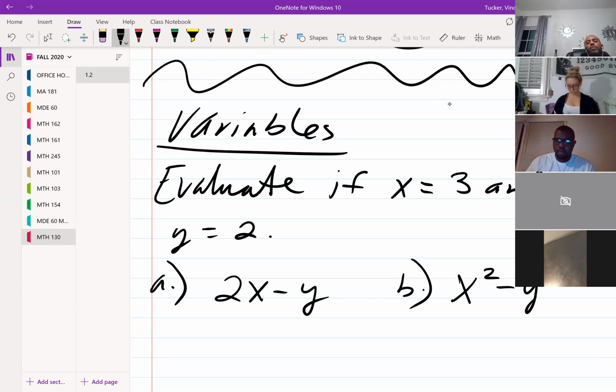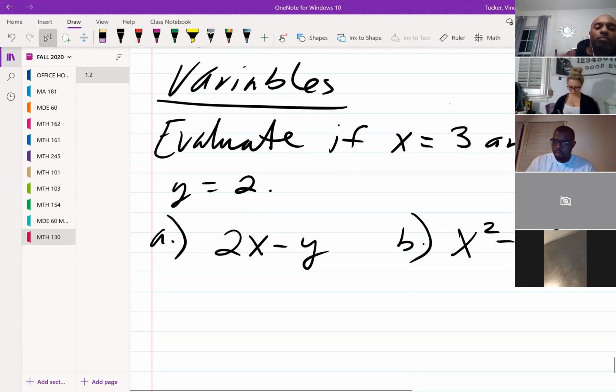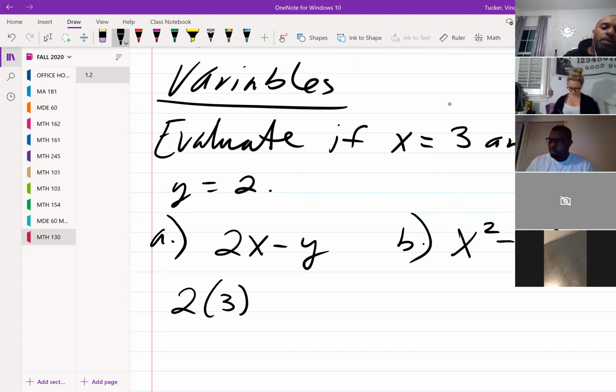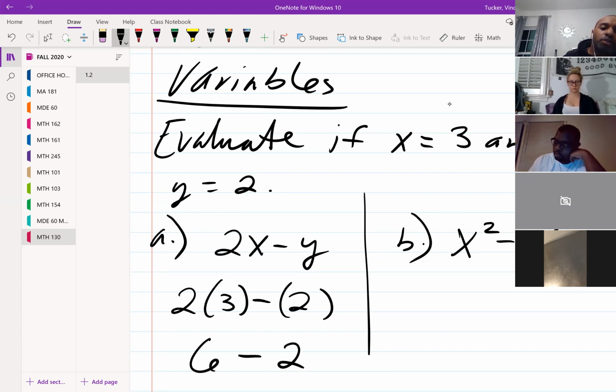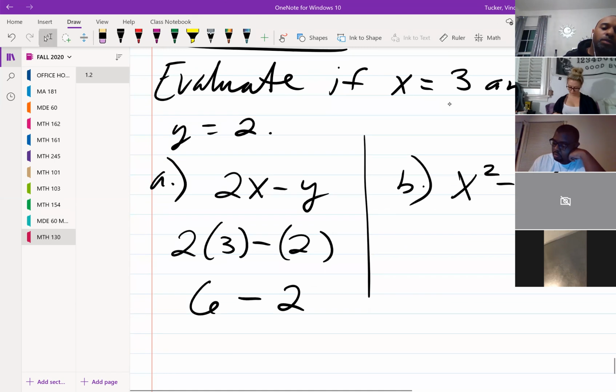So we're going to plug in those values for x and y, and then perform the order of operations. So here we have 2x minus y. So that's 2 times 3 minus 2. Just plugging in accordingly. 2 times 3 is 6 minus 2. And that'll be 4.